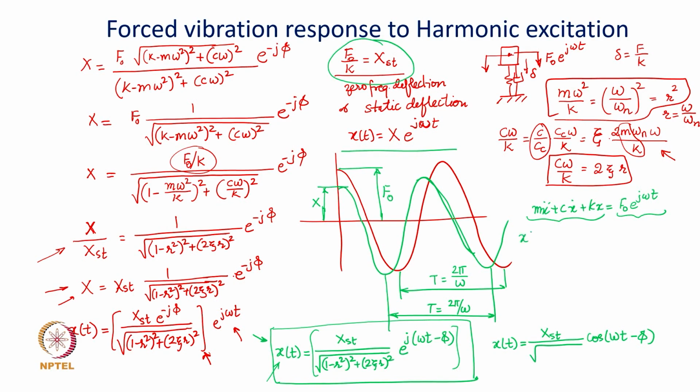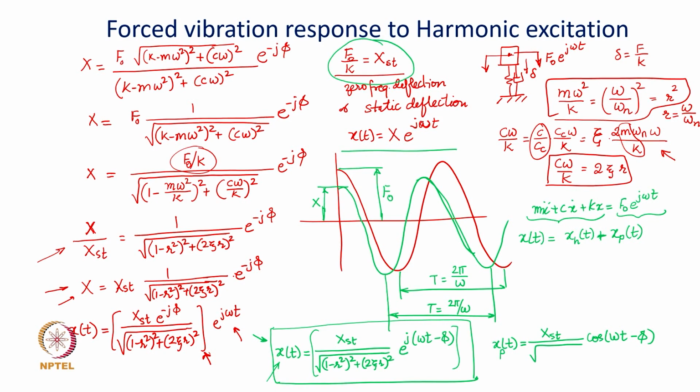The total response of the system is going to be x_h(t) plus x_p(t). Now, what we have got here is actually the response to the right hand side forcing function, but the solution of this homogeneous part, m x double dot plus c x dot plus k x equal to 0, has to be also included to complete the response.